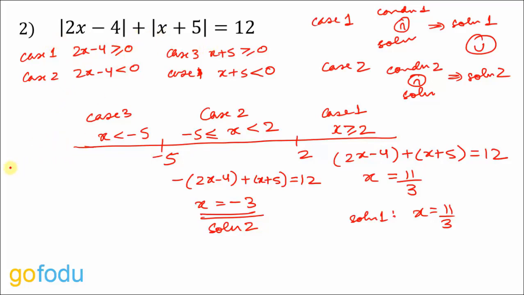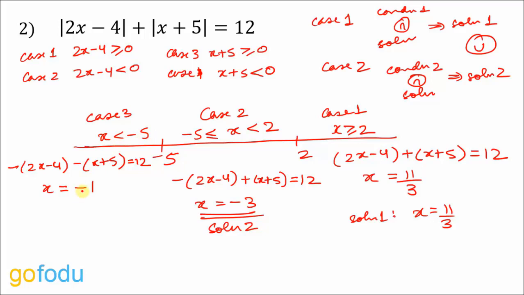So our equation will be minus of 2x minus 4 minus of x plus 5 is equal to 12. Solve this and get x is equal to minus 1. This is our solution. Take its intersection with this condition and you will see that there are no common elements. x is equal to minus 1 does not lie in this range.